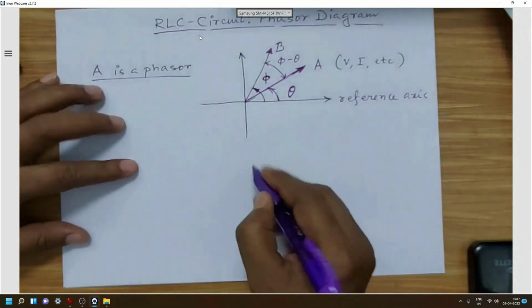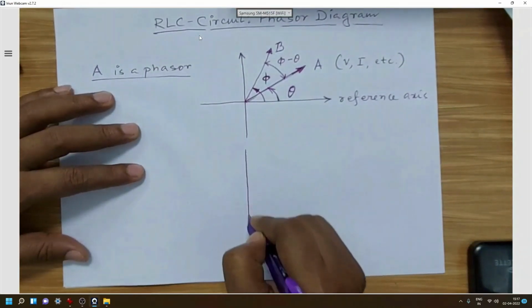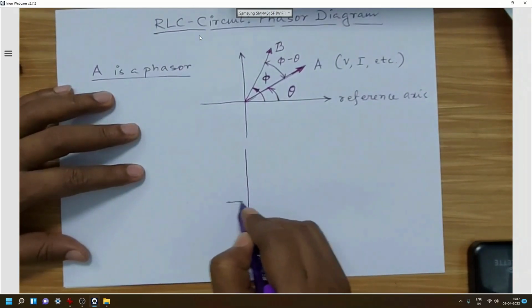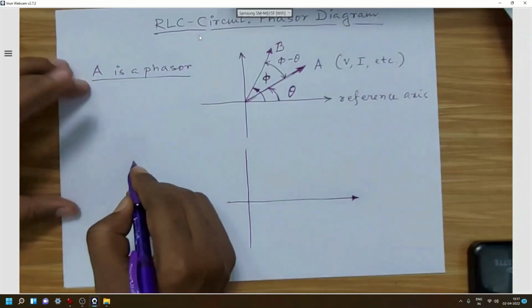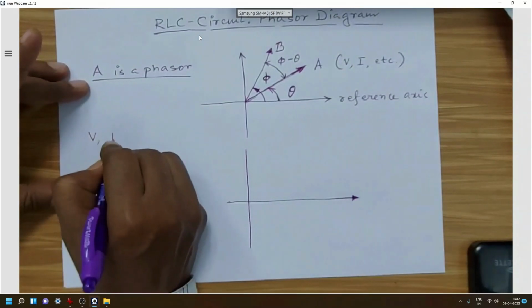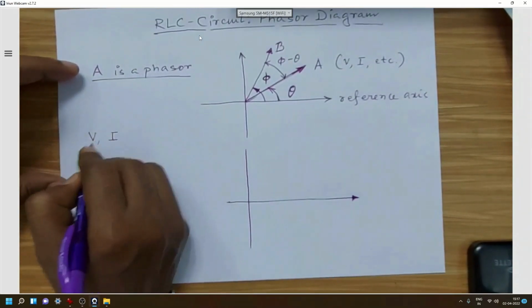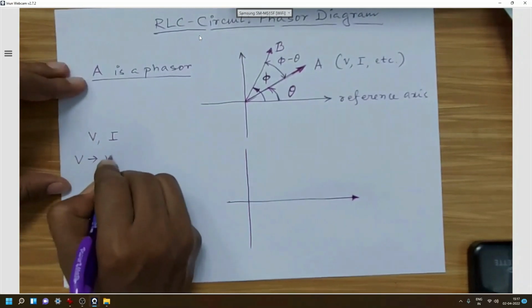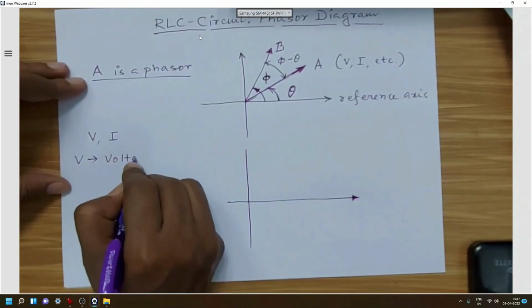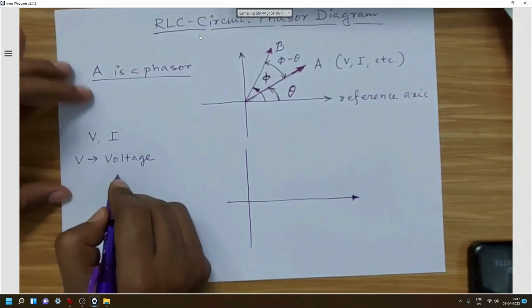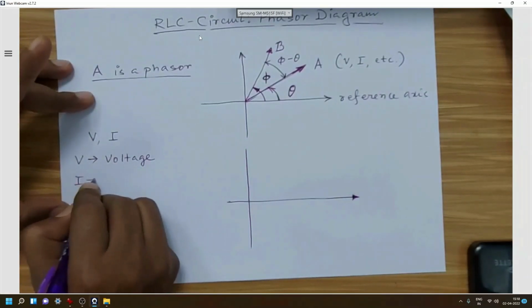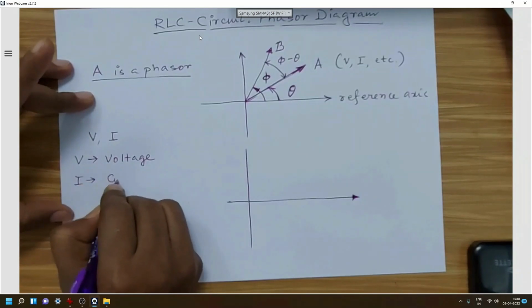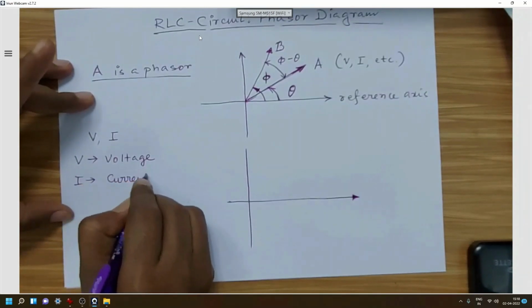Now, if we think there are two electrical quantities, say voltage and current. V is generally used for representing the voltage and I is used to represent the current through any circuit.